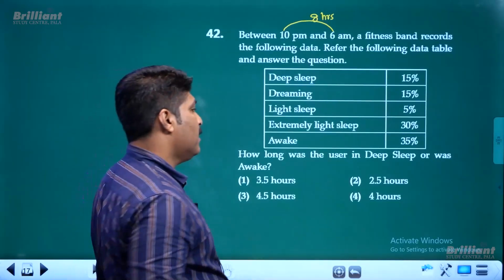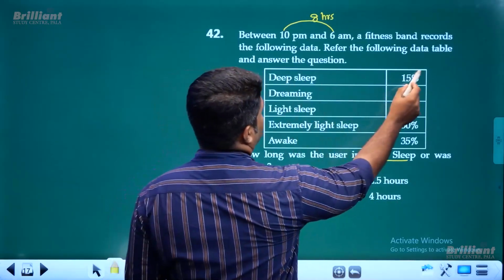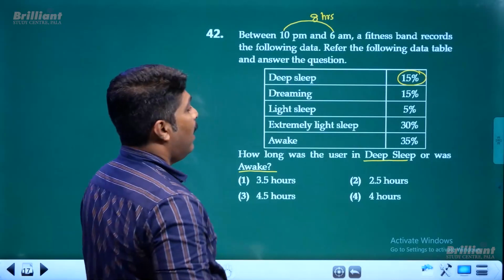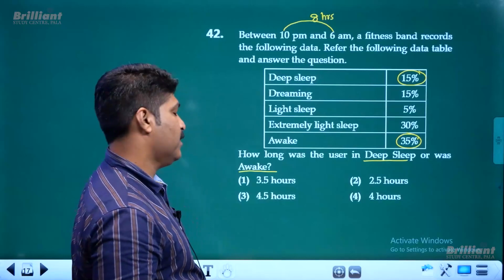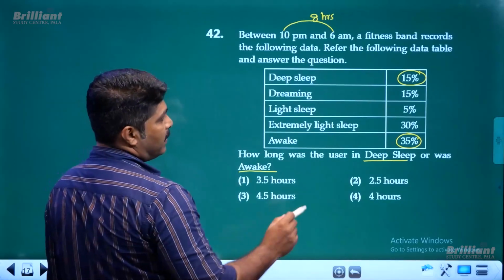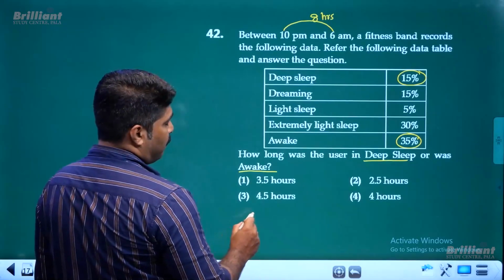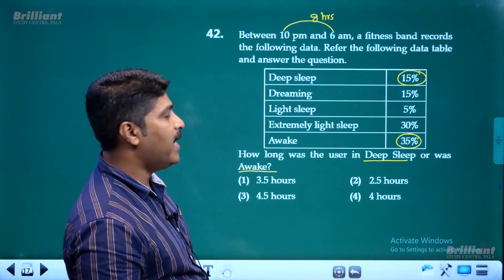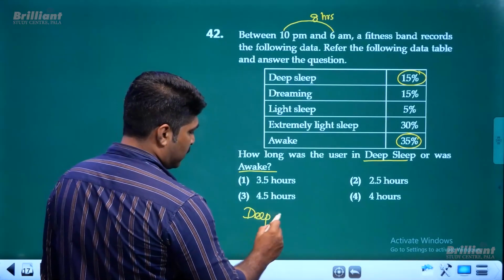Here the required stages are deep sleep or awake. So for deep sleep, it is 15% of the entire time, and it's 35% under awake conditions. So therefore, the required percentage means deep sleep or awake.